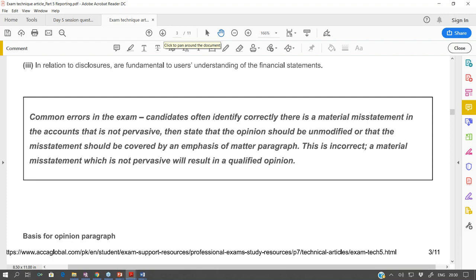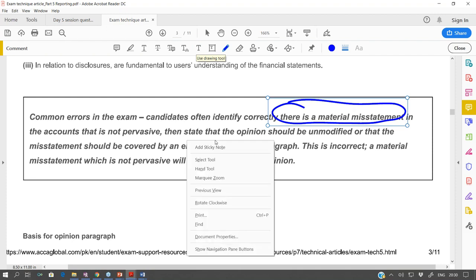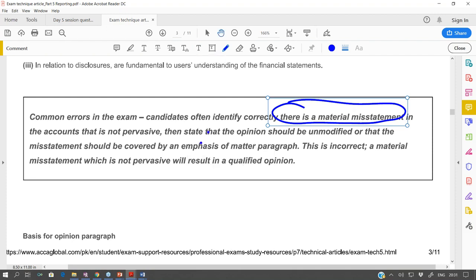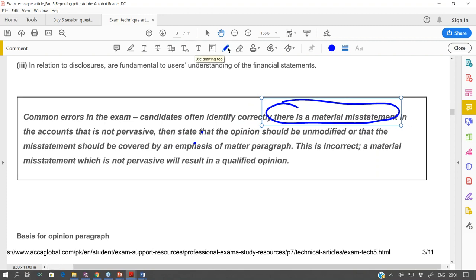Then they state that the opinion should be unmodified. Is that right? There is a material misstatement, and then the student says that the opinion should be unmodified. Is that right?